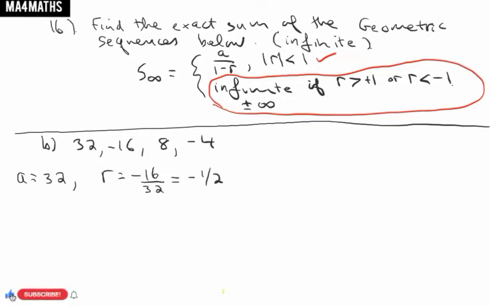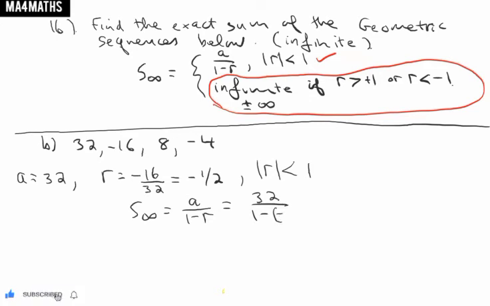So r is this, which is clearly less than 1. So I'll just say absolute value of r is less than 1. So what does that tell me? I can apply my formula, which is a over 1 minus r, which is 32 over 1 minus negative a half, which is 32 over 1 plus a half, 32 over 1.5 or 3 halves.